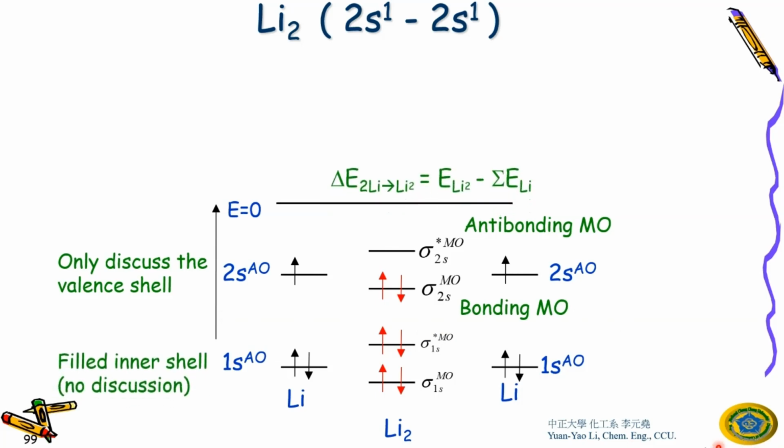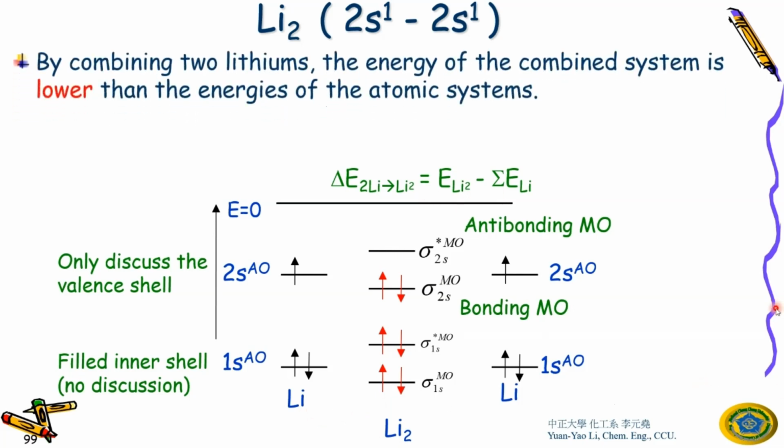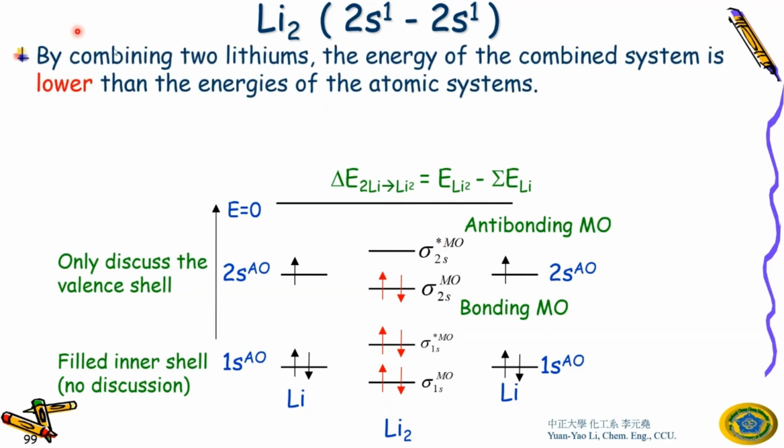And again, we want to know whether the lithium molecule is more stable than the lithium atom. We do the calculation, or we see the energy level diagram, and we realize whether it is stable or not. So as you can see, the lithium molecule is more stable than the lithium atom, right? By combining 2 lithiums, the energy of the combined system is lower than the energies of the atomic systems.